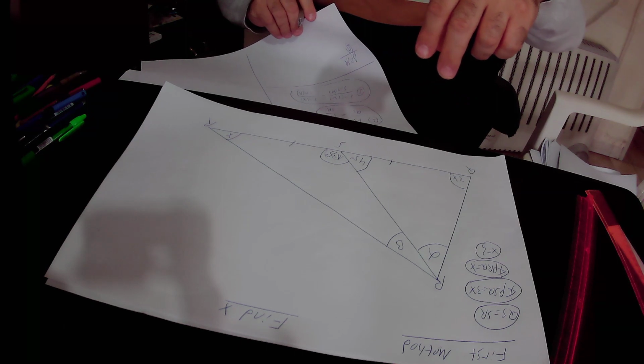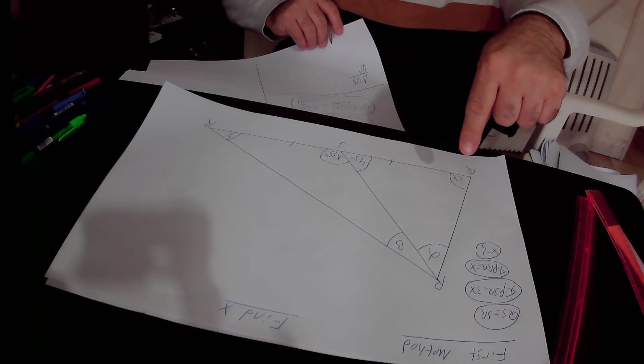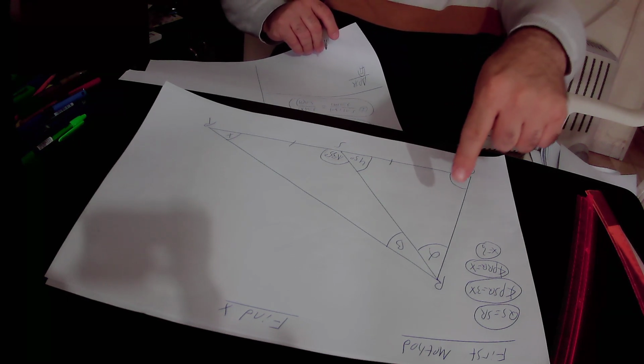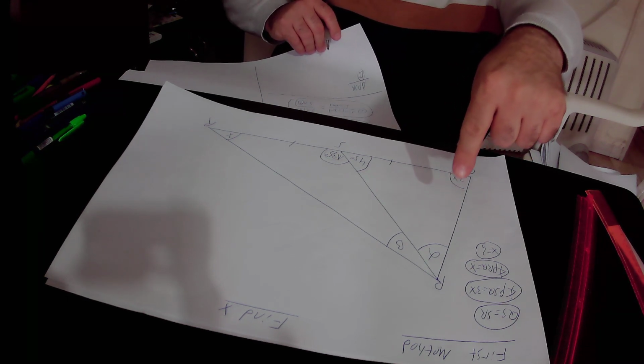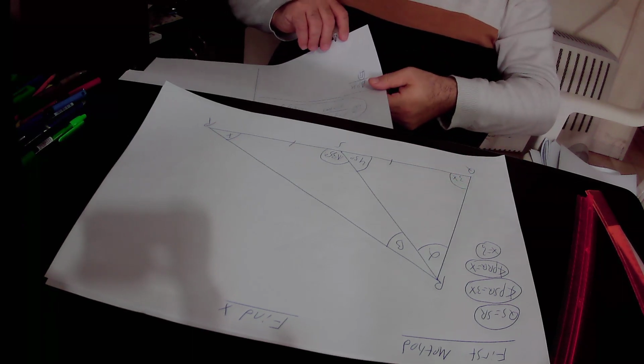So first of all, we will focus on triangle QPS. On triangle QPS, the sum of the angles must be equal to 180 degrees.